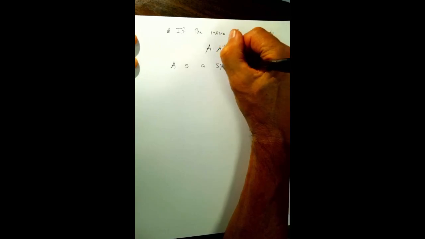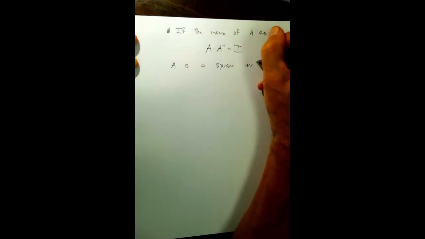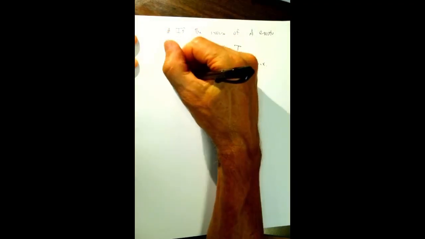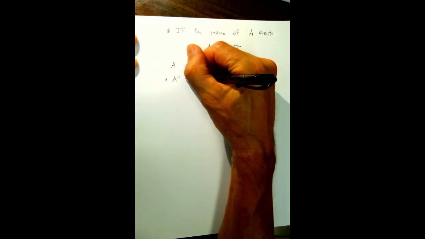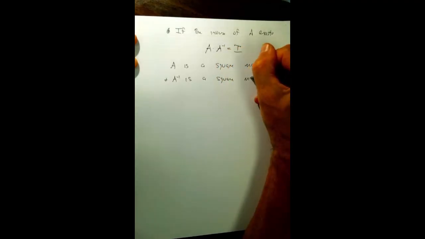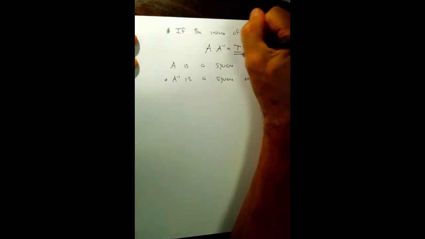It's going to be important that A is a square matrix, so the number of rows is equal to the number of columns. And that's going to imply that A inverse is a square matrix, because I has to be a square matrix by definition.